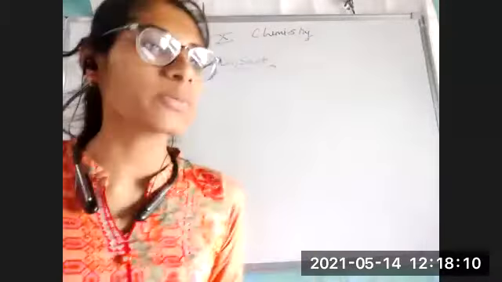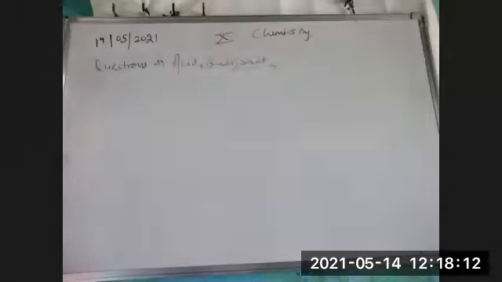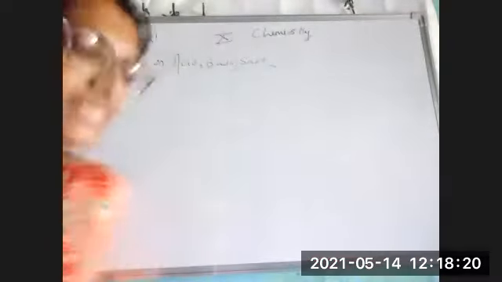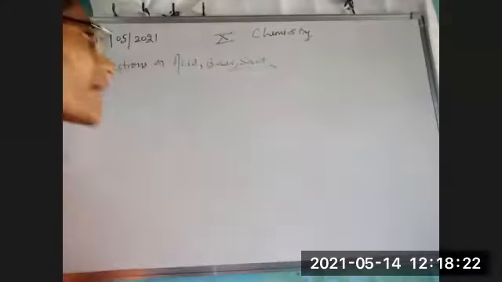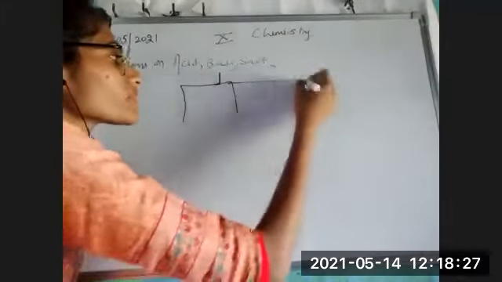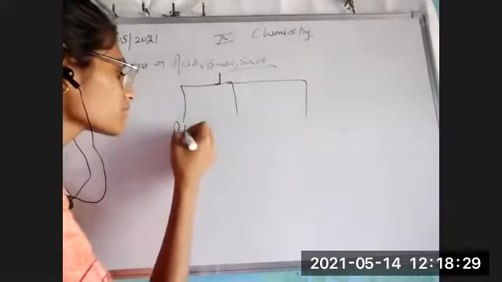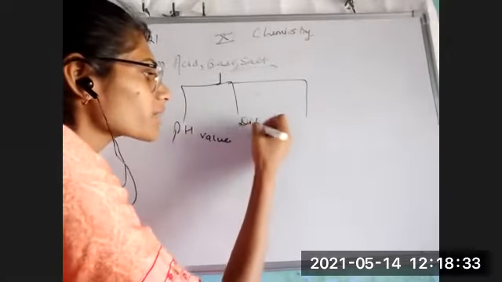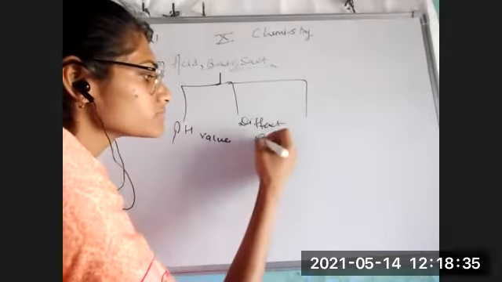So let's begin with the first question that's given in your NCERT textbook. Before going to the question, let me first tell you, bache, that acid, base, and salt is basically based on 3 different topics. That is pH value. The second one is different properties of acid and base.